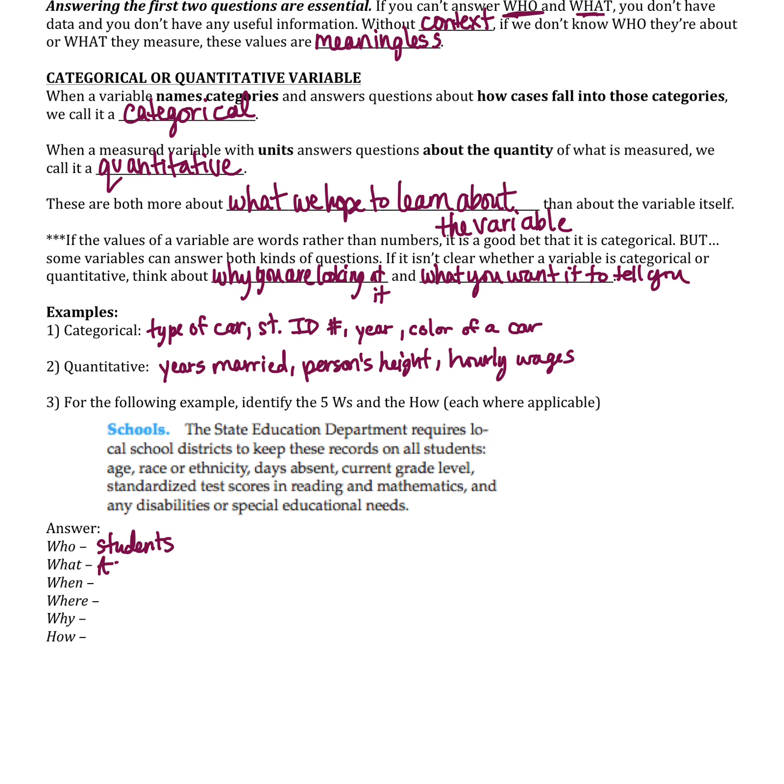Well, first we started with age, then it went on to race or ethnicity. And so this is just a matter of copying down all the what's that they told us. Days absent, current grade level, and let's see, standardized test score in reading and math.